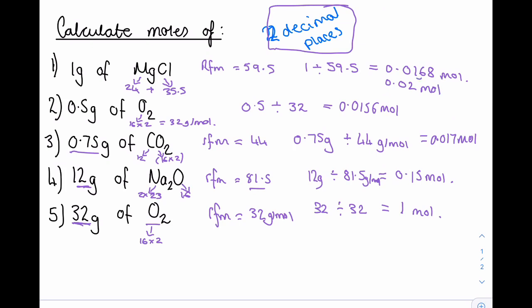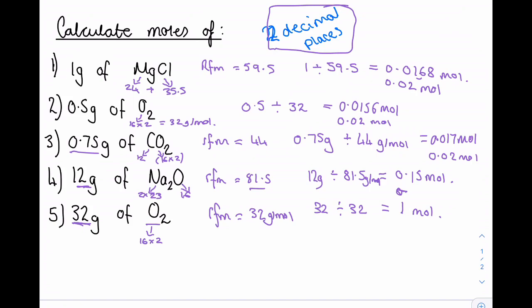Here to get that to 2 decimal places would be 0.02. 0.02 moles again. 0.15. That one's already rounded, and that one's fine.